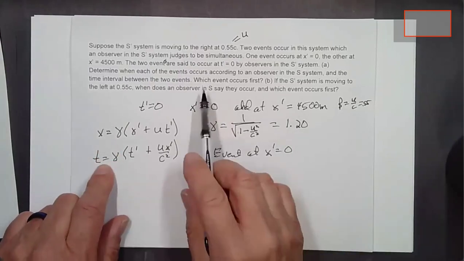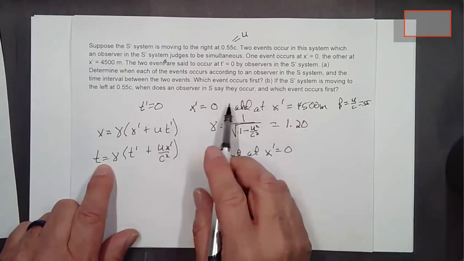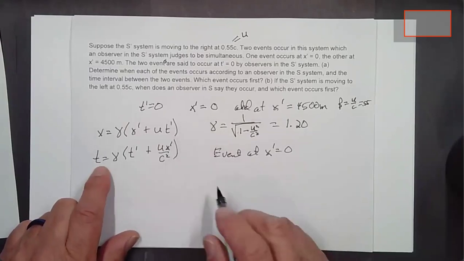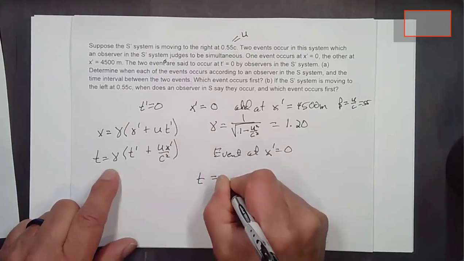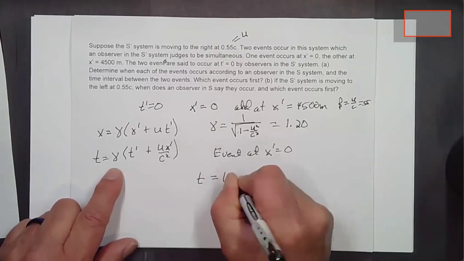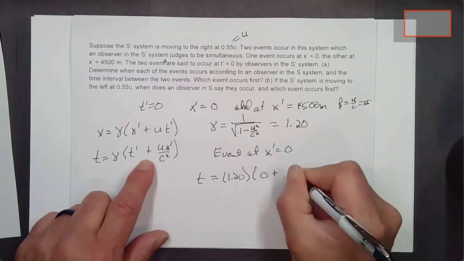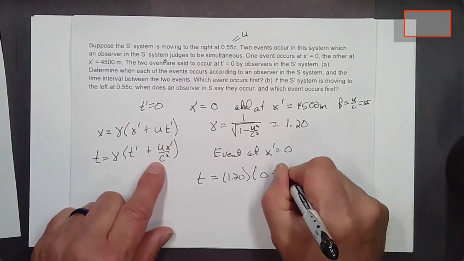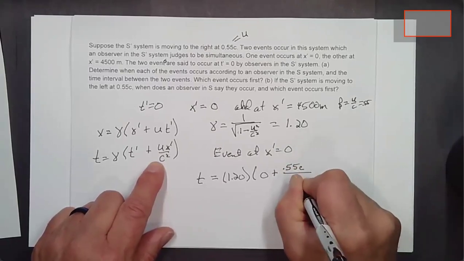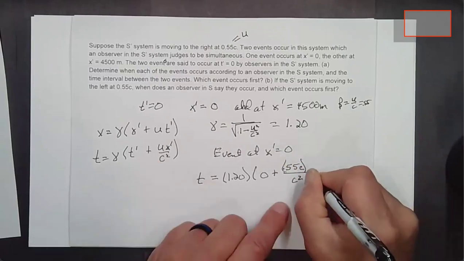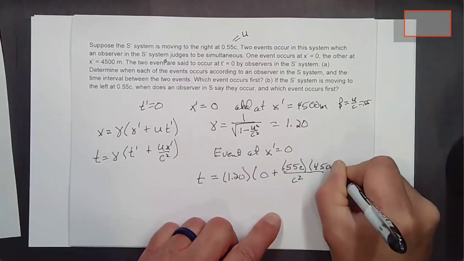It's just asking when each of the events occur, and so we don't have to worry about the other thing. t will equal gamma, which is 1.20, times t prime, which is 0, plus u over c squared, which is 0.55 c divided by c squared, and then times the x prime position, which is 4,500 meters.